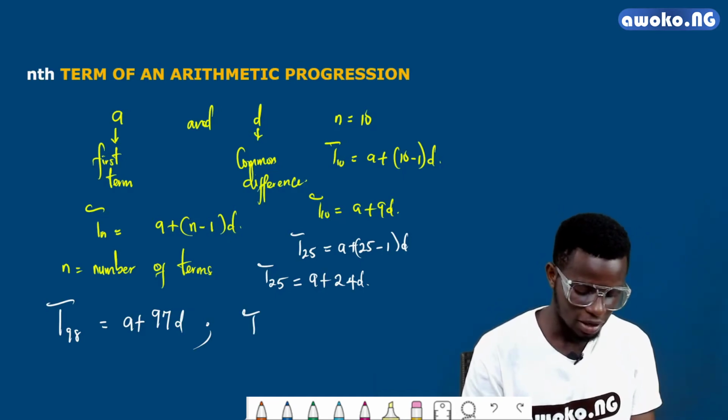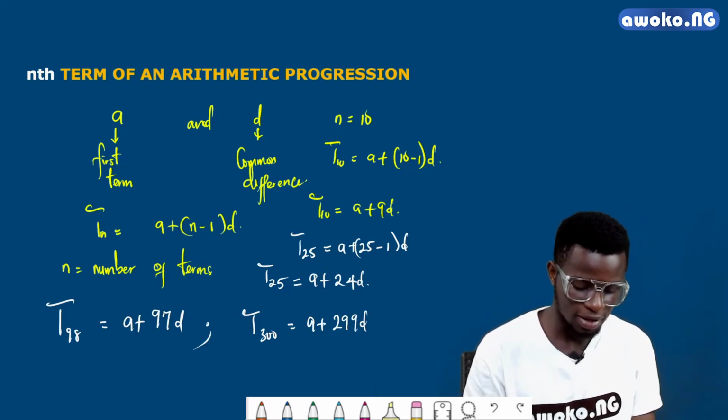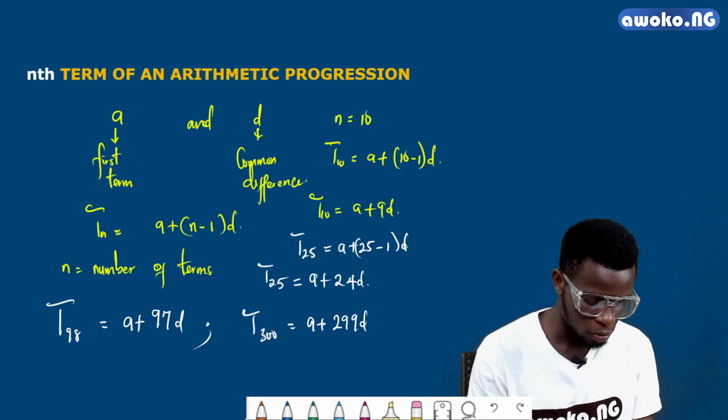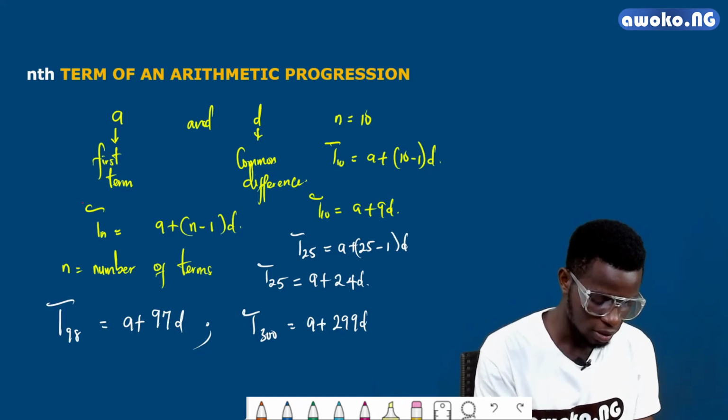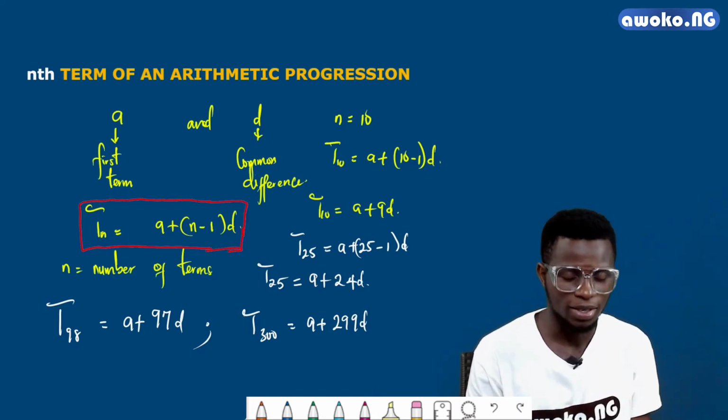Then T300 will be equal to A plus 299D, and so on. So the major formula you need to know here is this: Tn equals A plus (n minus 1)D.